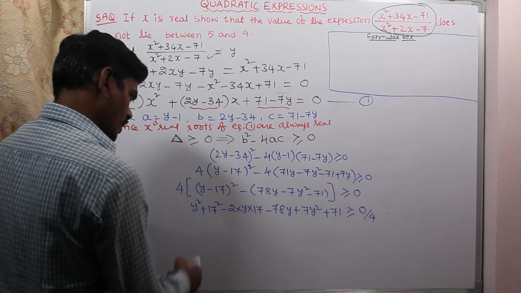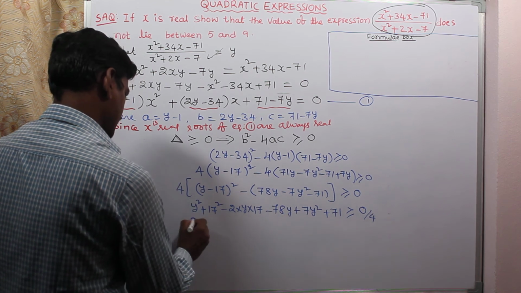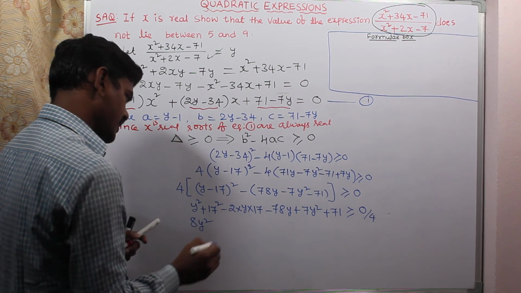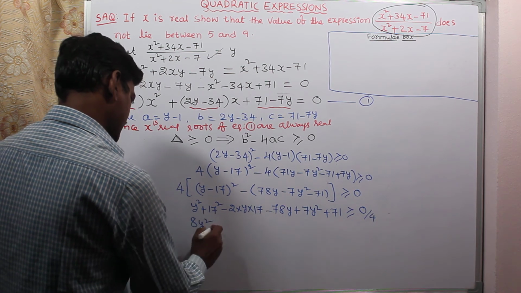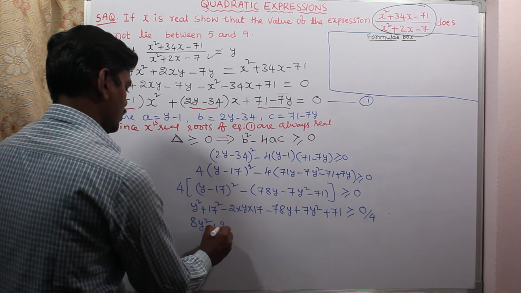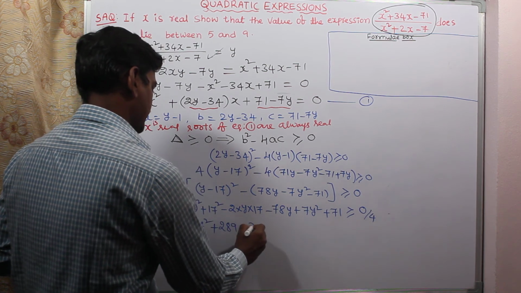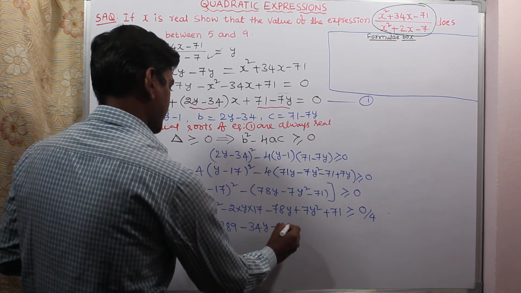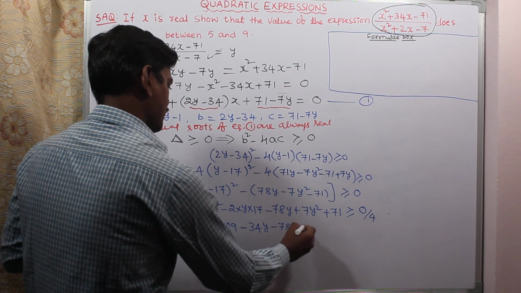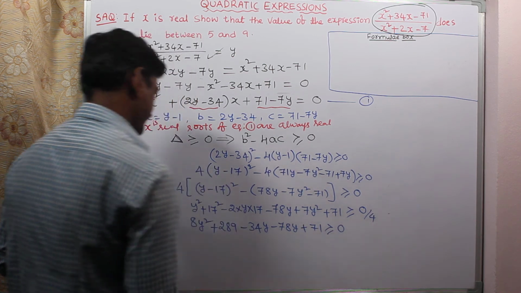Now y square plus 7y square, we can add like terms: 8y square, minus 34y, plus 17 square, 289, minus 78y, plus 71, greater than or equal to 0.